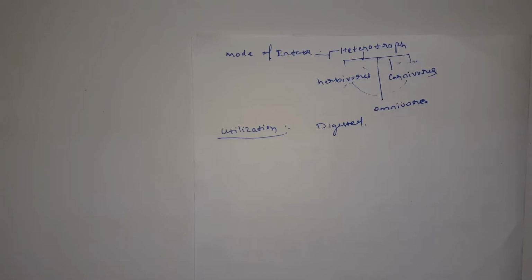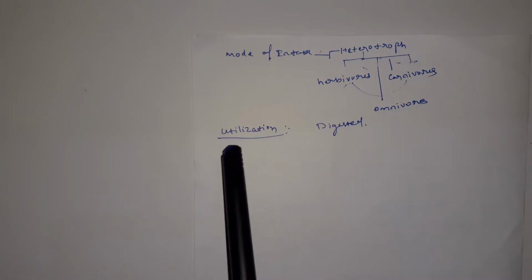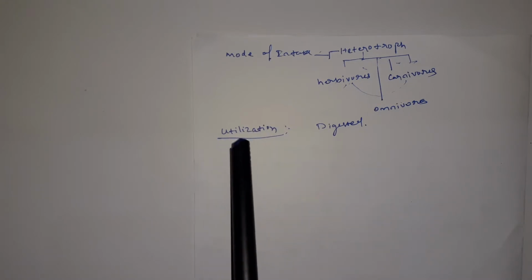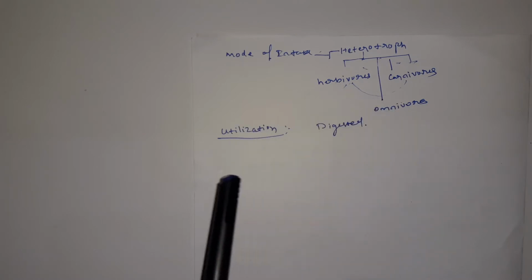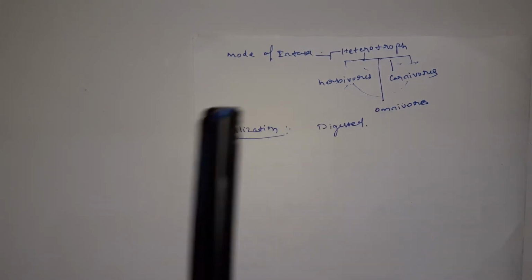What happens inside the body of those herbivores? How that grass will be converted to energy. Maybe you have wondered what happens once we consume food, how that food will be converted into energy. So the process is all about utilization. If we study all this process, it comes under this heading, that is utilization.